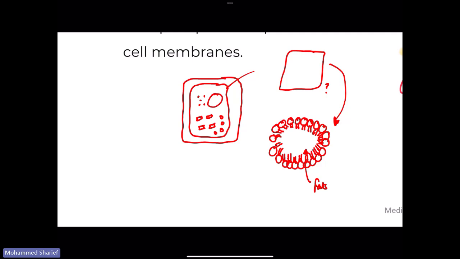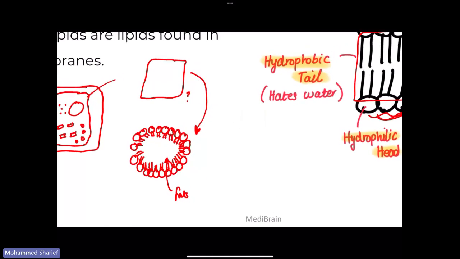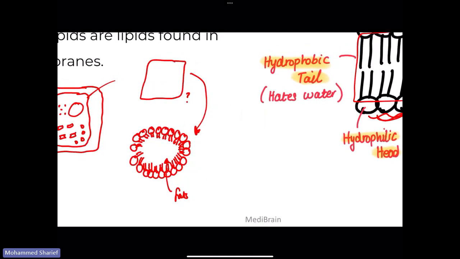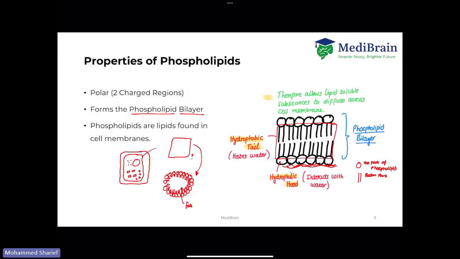I think channel protein is the only one. And then you learn about aquaporins later in the spec. But basically, what is happening over here is only small soluble fats can move through. Water cannot move through because these tails hate the water.